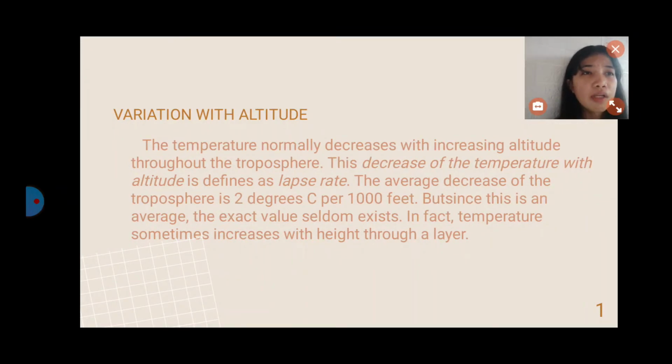The average decrease in the troposphere is 2 degrees Celsius per 1,000 feet, but since this is an average, the exact value seldom exists. In fact, temperature sometimes increases with height through a layer.